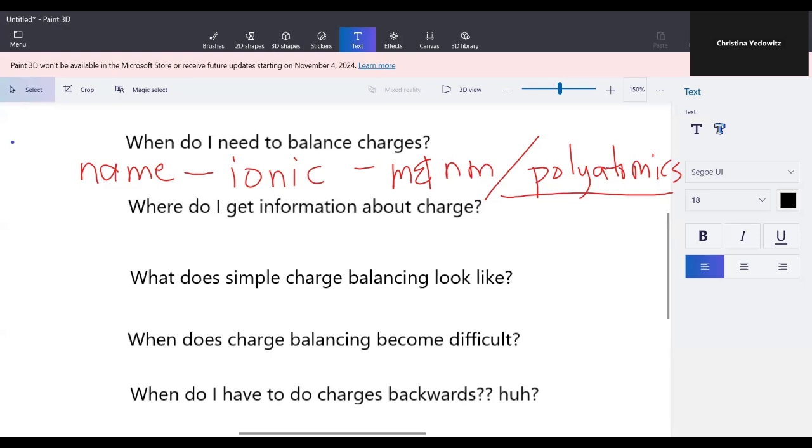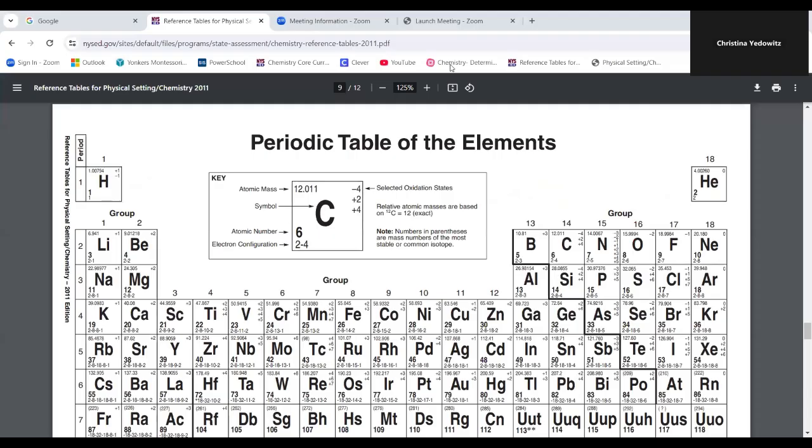You may have labeled this on your periodic table. Let's just pull up that periodic table for you. On your periodic table, you should have some what I would refer to as common charges labeled on your table. Those are not always going to be true, but they're true a lot of the time.